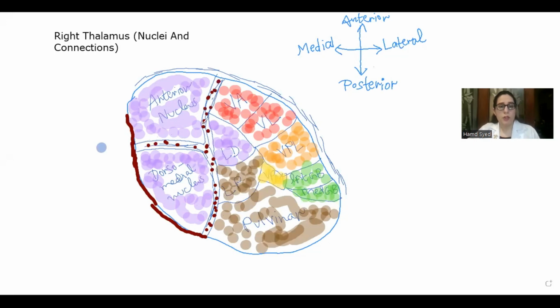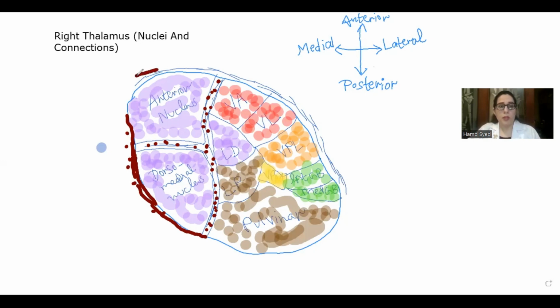The ones present in the internal medullary lamina are known as intralaminar nuclei, and the ones present over here in the interthalamic adhesion are known as the midline nuclei. Well, these are the ones which are receiving information from the reticular formation of the brainstem, and they have bidirectional communication with the cerebral cortex, and their function is related to sleep and wakefulness.